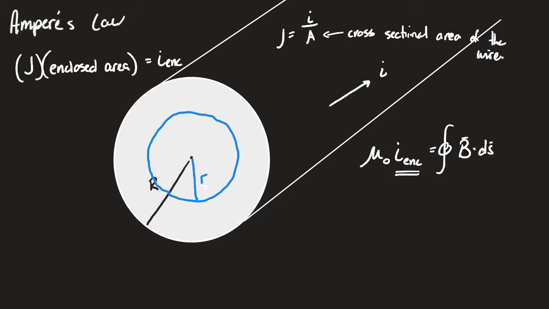Now, again, our current density isn't going to be hard to deal with. It's going to be the I that we're given divided by pi capital R squared. It's our current density, and it's based on the geometry of the wire. As you'd expect, our enclosed area is going to be based on the lowercase r, representing the radius from the center of the wire to where our Amperian loop has been drawn.